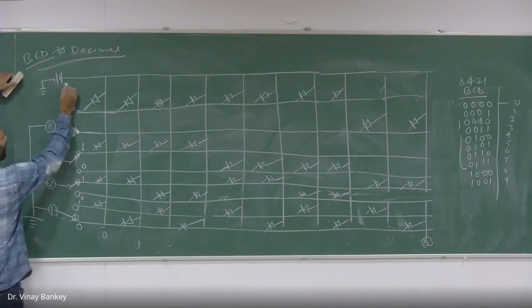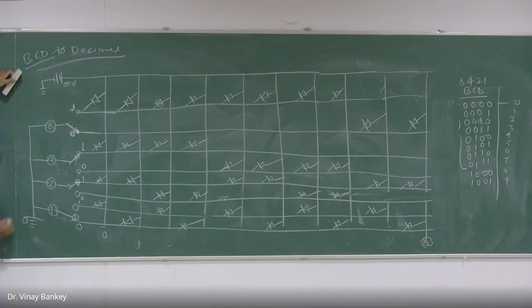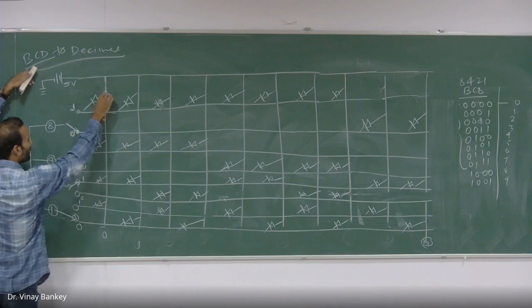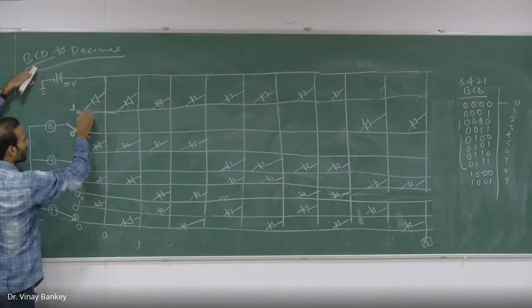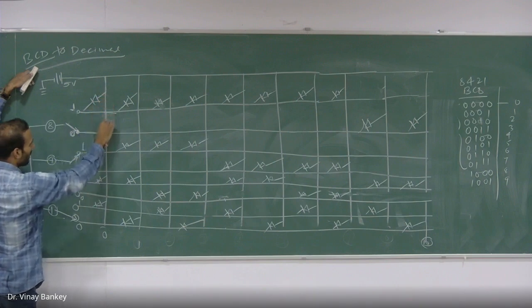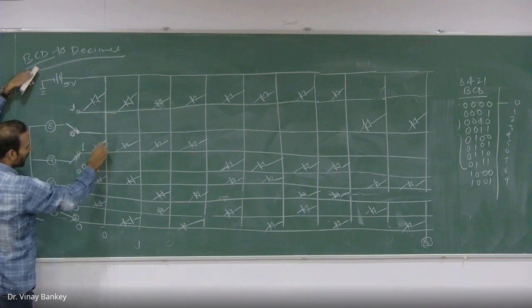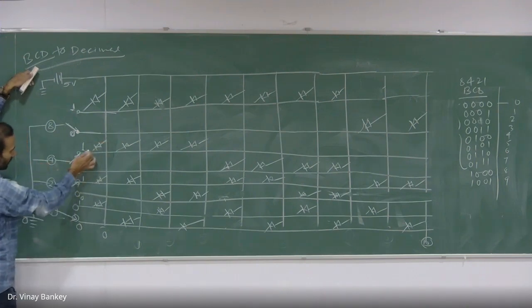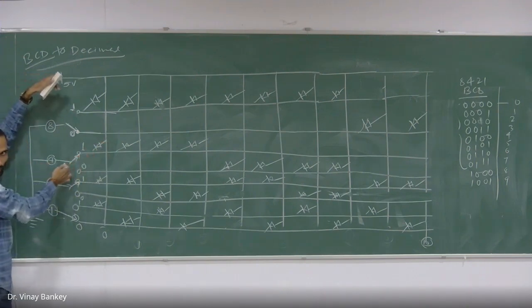Now, how it will work? See, this is my 5 volt and ground, it means 0. So what happened to this diode? This is 5 and there is no connection. So this line here, it will come, and again you see this is 5 volt and it is connected to 0 volt. So this diode will be in forward bias.